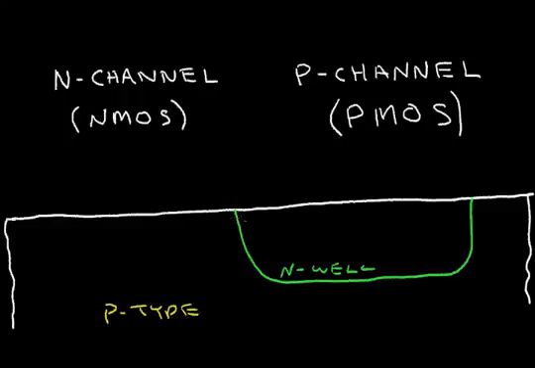Now this N well is going to hold the P-channel or the PMOS transistor, and the P-type wafer will hold the N-channel or the NMOS transistor.